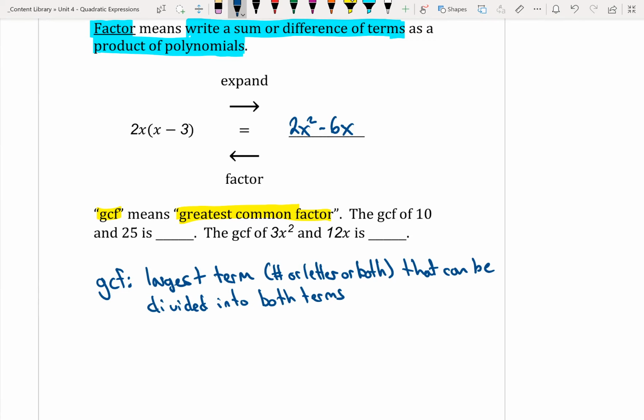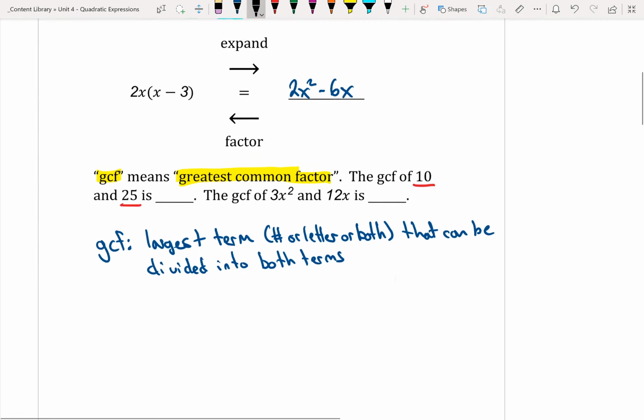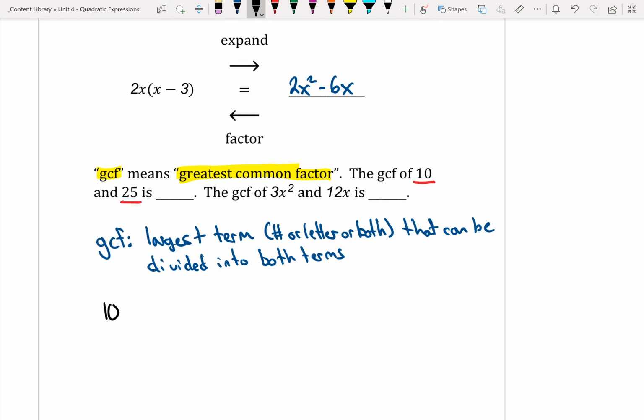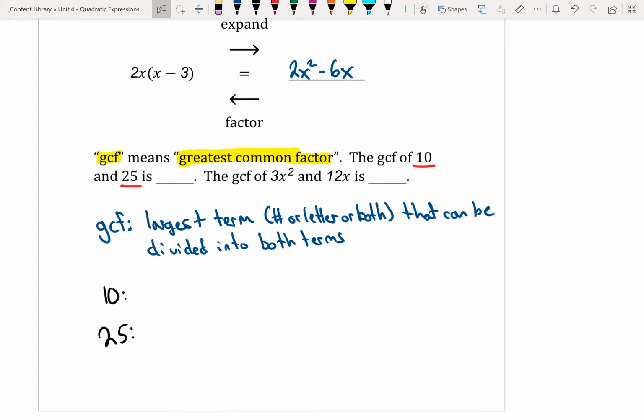So if I look at an example, the greatest common factor of 10 and 25, one way I can figure that out is just by writing out both 10 and 25 and thinking, okay, what numbers multiply to give me 10? If I think of what numbers multiply to give me 10, it's the same thing as thinking about what numbers can be divided into 10. So you have 1 and 10, and you have 2 and 5. I'm going to do the same thing with 25.